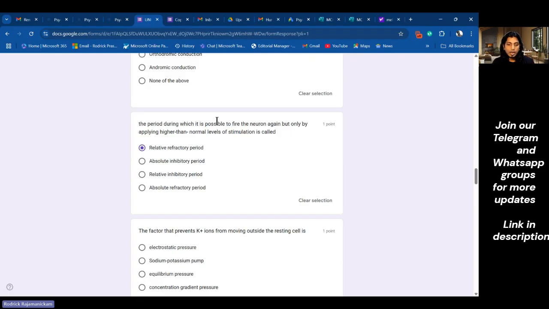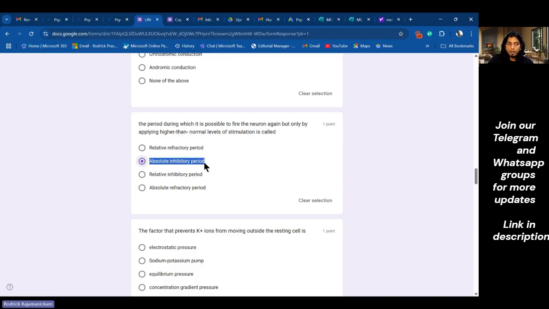But if you give it higher than the usual amount of excitatory neurotransmitters or excitatory postsynaptic potentials, they can add up and lead to another action potential even before it completely resets. That is the relative refractory period.